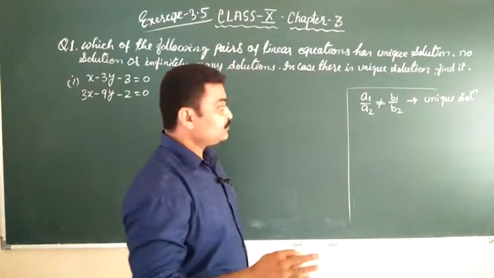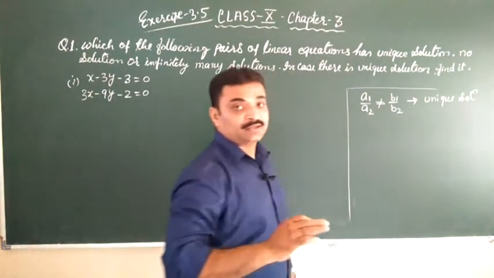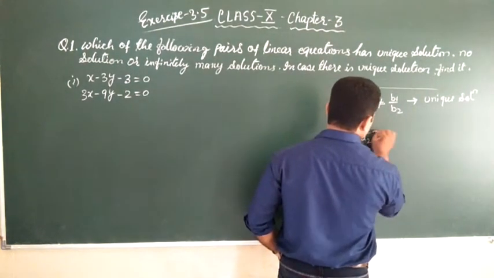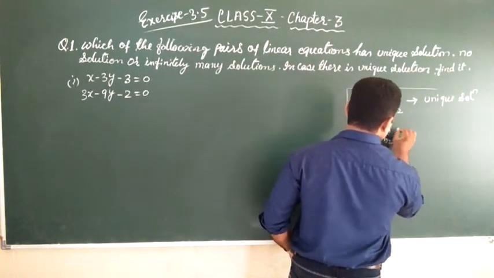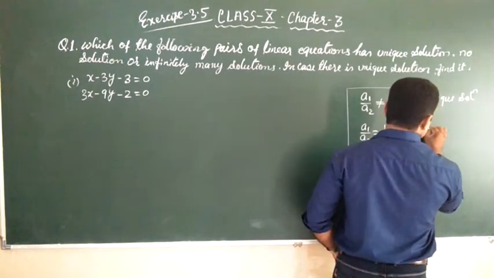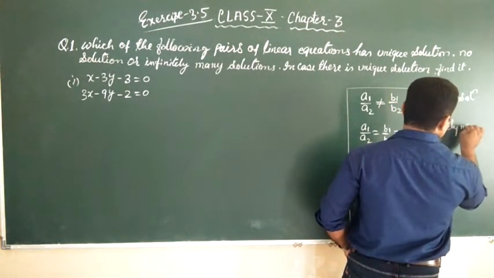And the condition for lines having infinitely many solutions is A1 upon A2 is equal to B1 upon B2 is equal to C1 upon C2. That means infinitely many solutions.